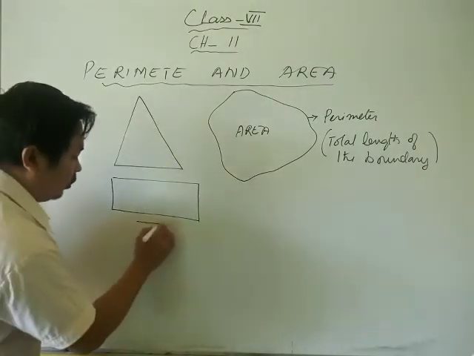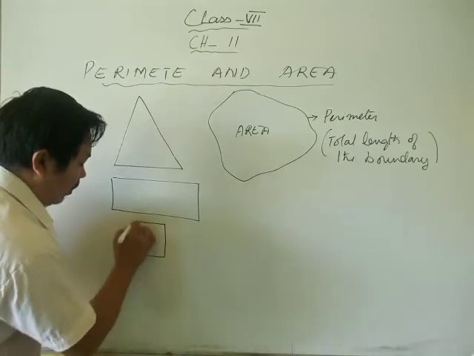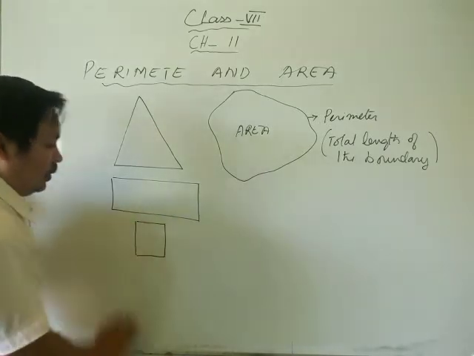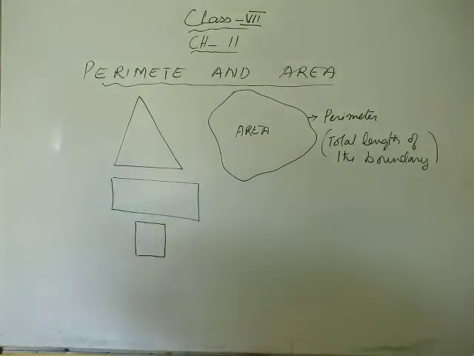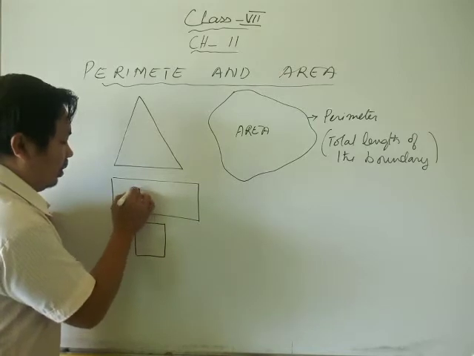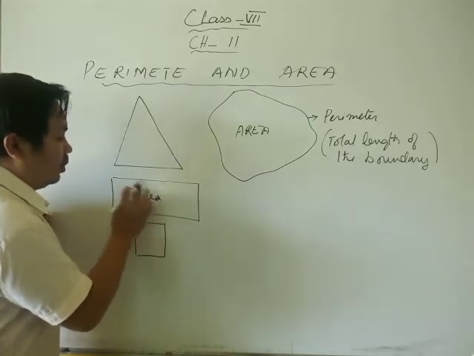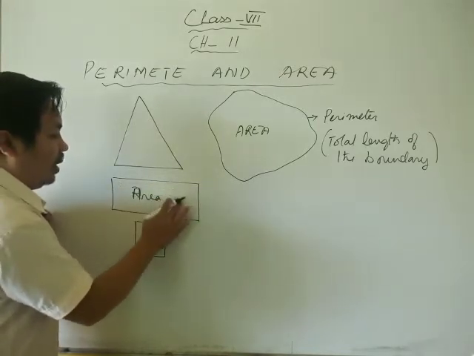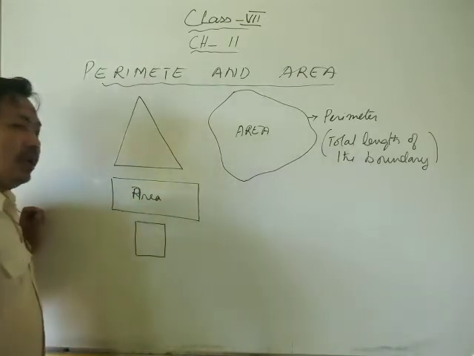Likewise, in a square also you can find it here like this. In a square also, the total length of the four sides is its perimeter. So when we talk about the area, that portion which is enclosed by the boundary or by the sides is called its area.